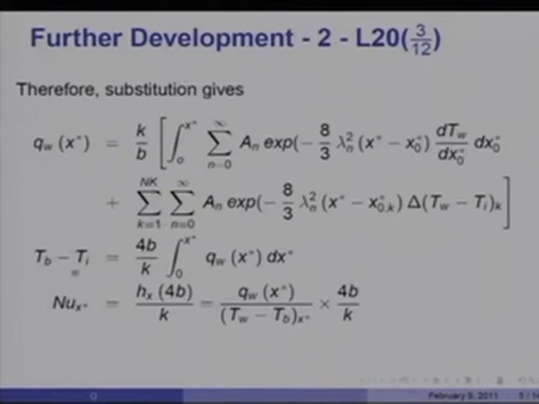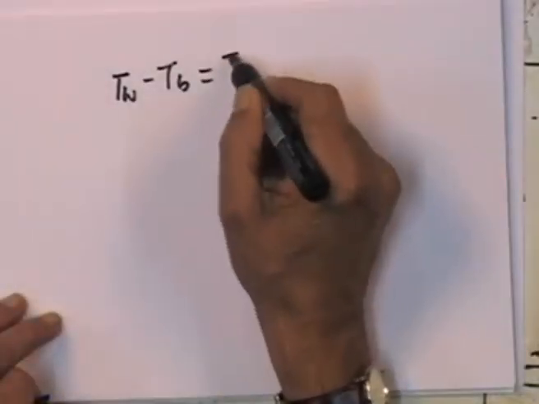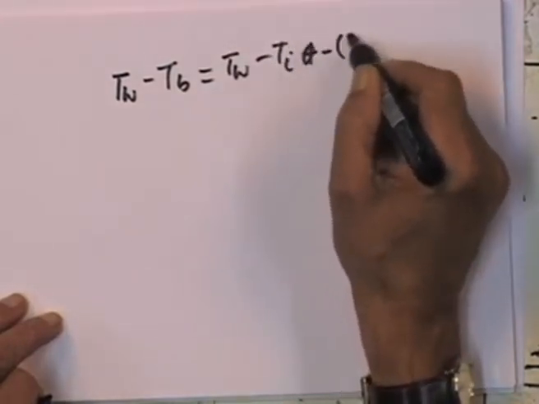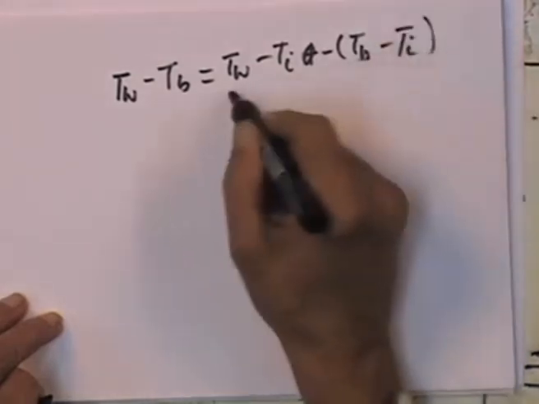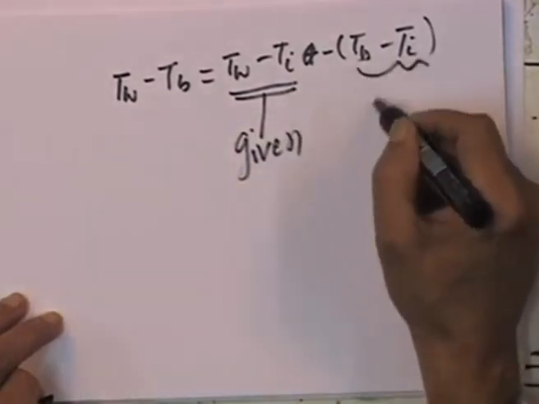Now, the T bulk minus T I would obviously be equal to 4b by k integral 0 to x star q wall x star dx star, and this is simply from the heat balance, and therefore, the Nusselt number would be given by q wall x star divided by T wall minus T bulk x star, times 4b by k, where T wall minus T bulk is written as T wall minus T I minus T bulk minus T I, and this is what we have evaluated just now.